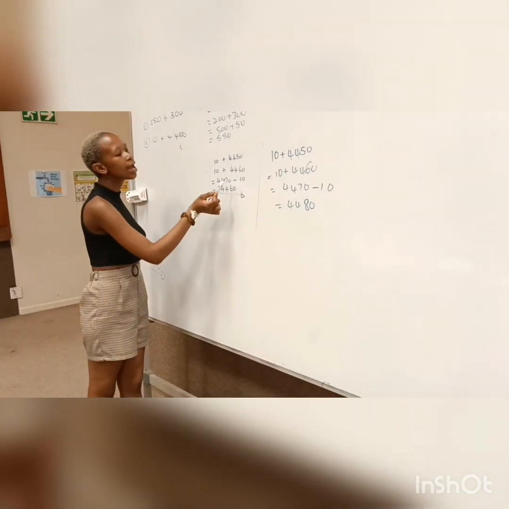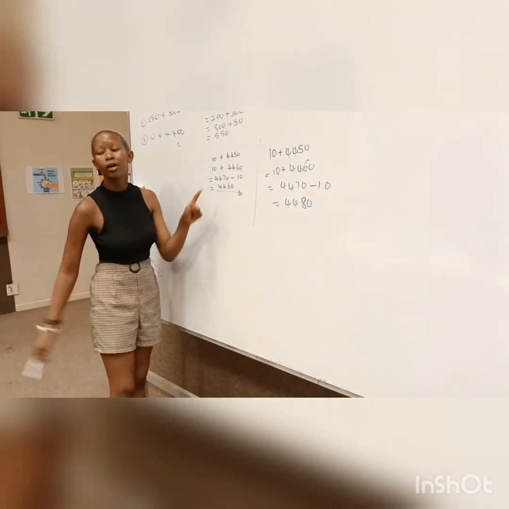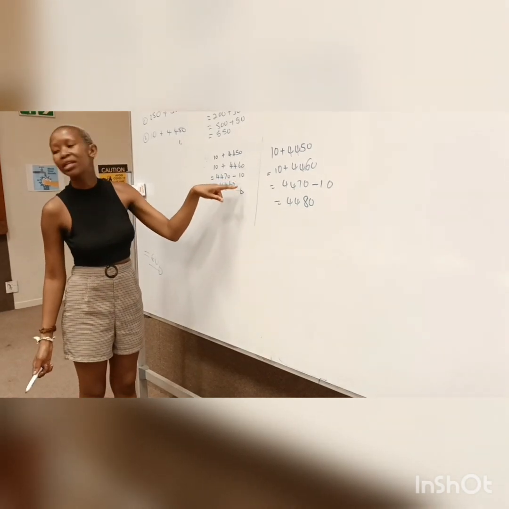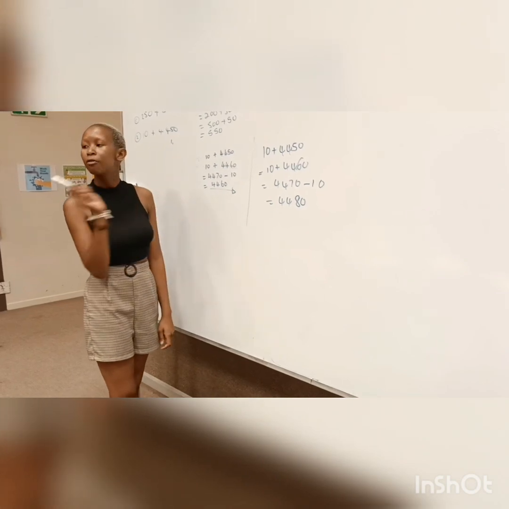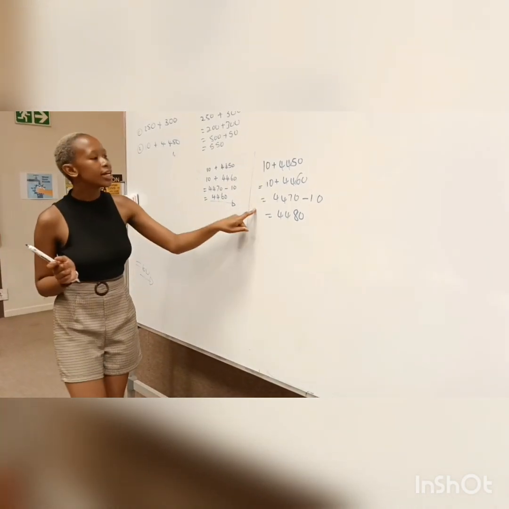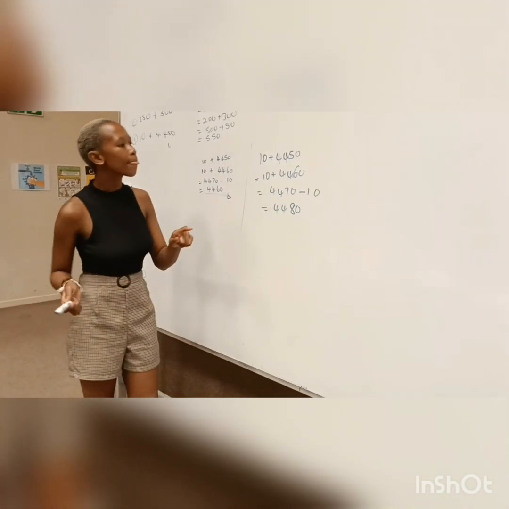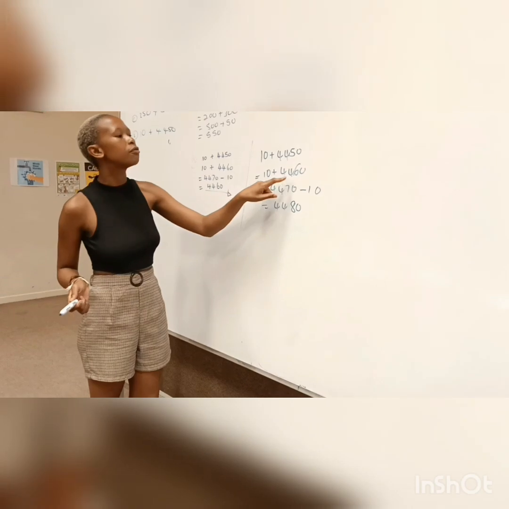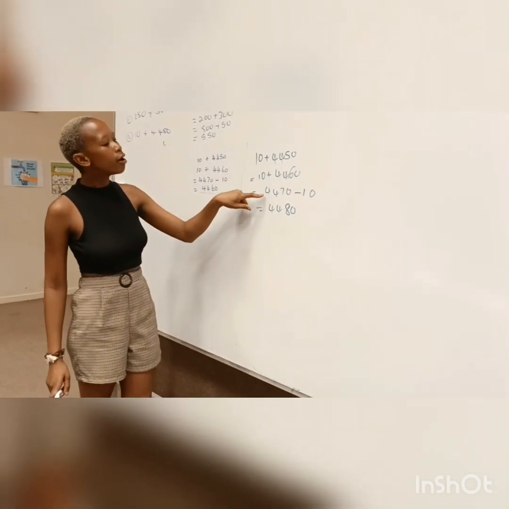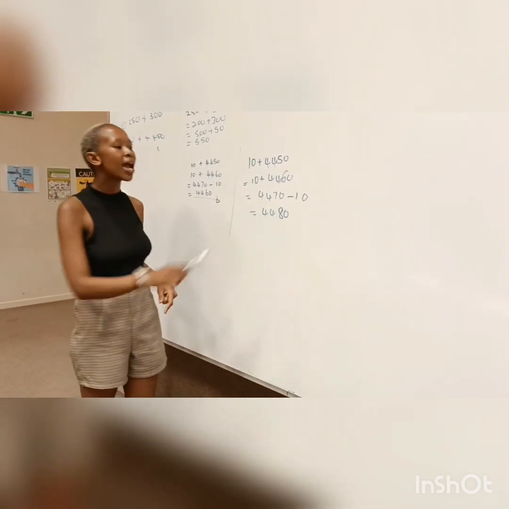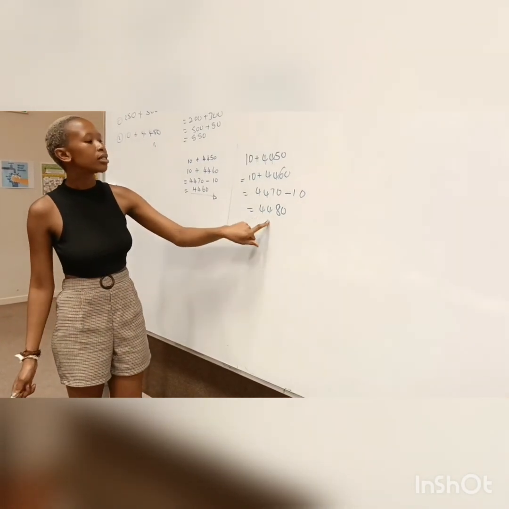And then she was like 4,460 plus 10, which gave her 4,470. And then she subtracted the 10 that she added from the 50, right? To get 4,460. And then when you move here, she said 10 plus 4,450 is equal to 10 plus 4,460. She also added 10 from the 50. And then she was like 4,470 minus the 10 she added from the 50, right? And then she got 4,480.